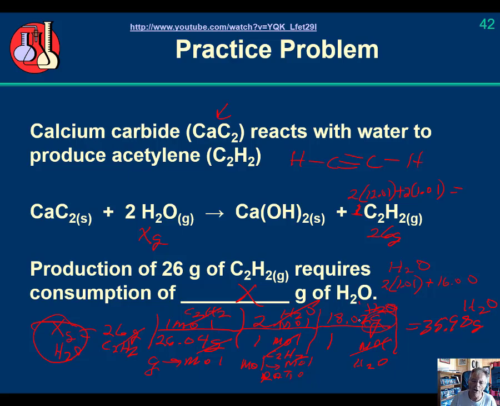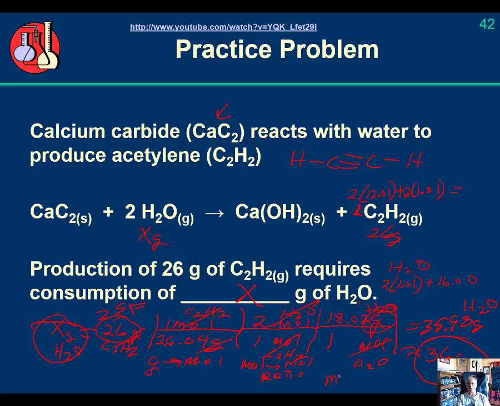Is that my final answer? No, because when I look at what I started with, I only had 2 significant figures here, so my answer has to be 36 grams of H2O. I can only report my answer to 2 significant figures.